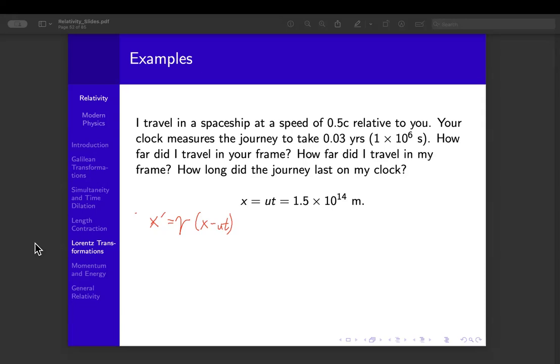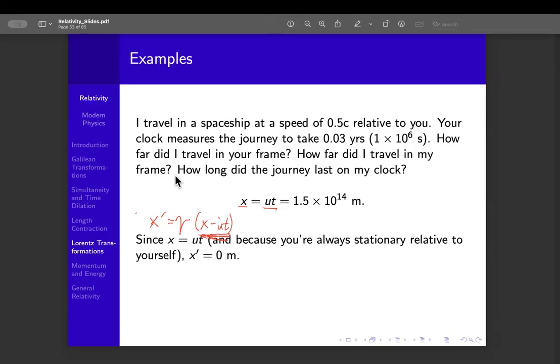It's how far I perceive, or how far I register myself as moving. You'll probably notice that x is equal to ut. So if I take x minus ut, then I end up getting an x prime value of 0, because I'm always stationary relative to myself. So that works out exactly how we expected.